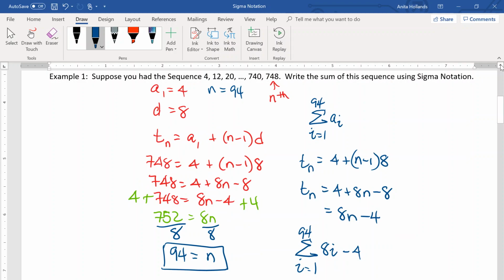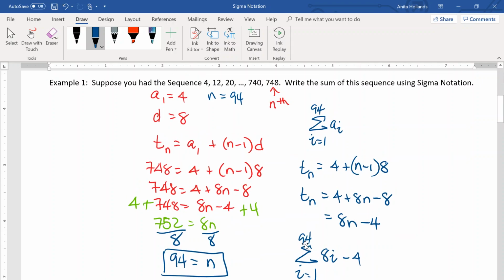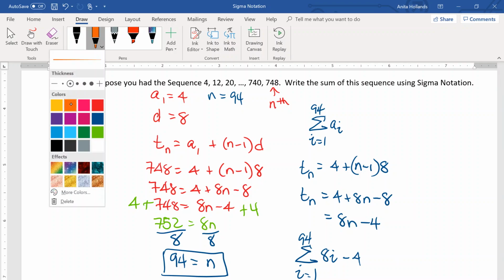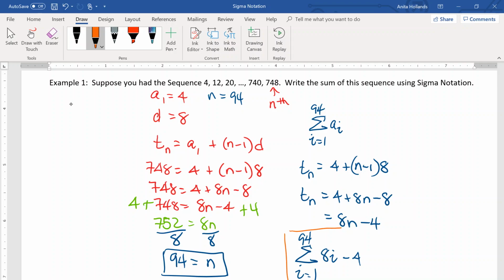Let's just go up to see those. And when it's 94, we would get 8 times 94, which is 752, minus 4, and that gives us 748, which is our last term in our sequence. So this would be the general form for writing the summation of this sequence.